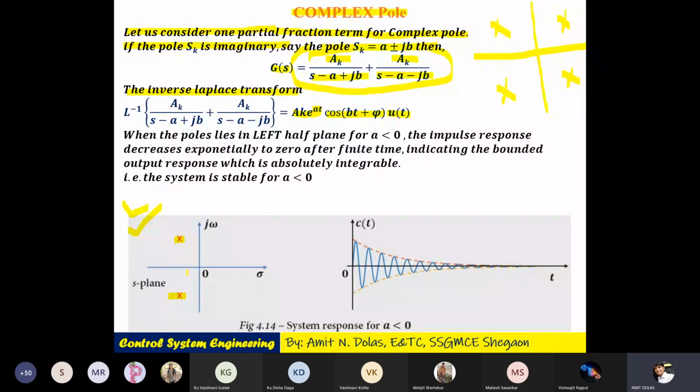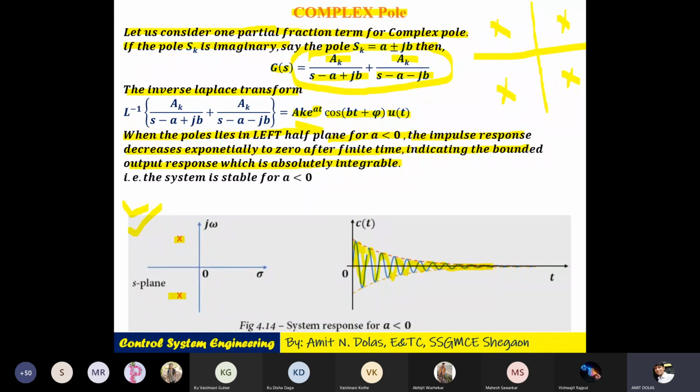So when the poles lie in the left hand side, that is a is less than 0, then the impulse response decreases exponentially to 0 after finite time, indicating a bounded output response, which is absolutely integrable. You can see the response is a sinusoidal waveform, but it decreases due to the e raised to power minus at term, and gradually it becomes 0.